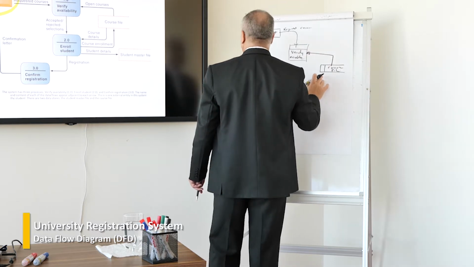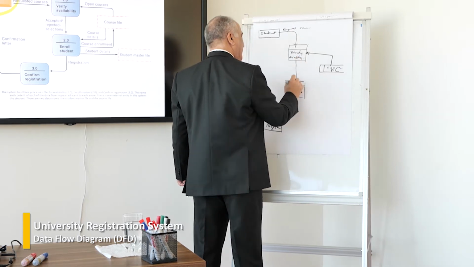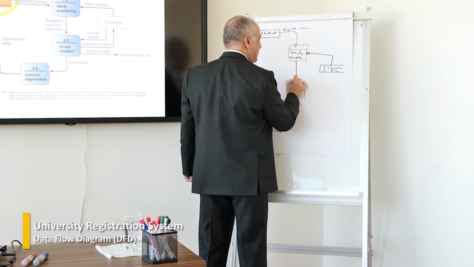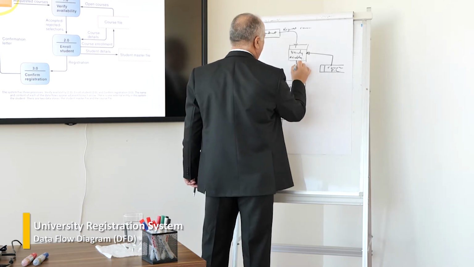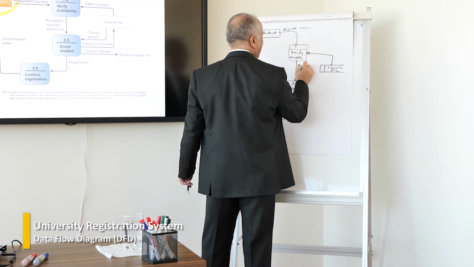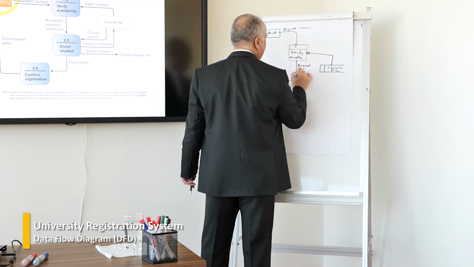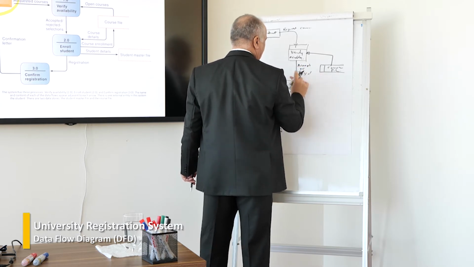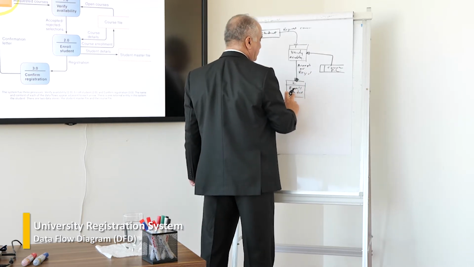Then upon that, the process is going to initiate another process based on availability: accepted, meaning there is a slot, or rejected, meaning there is no slot. When accepted, it is going to enroll the student.